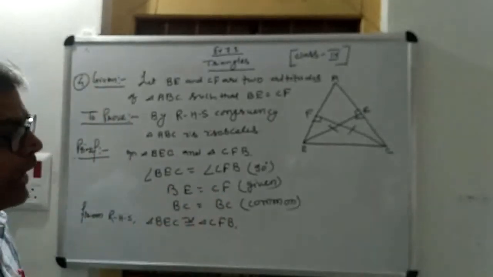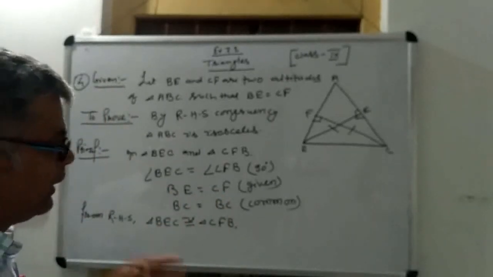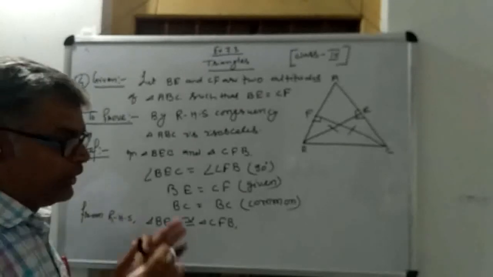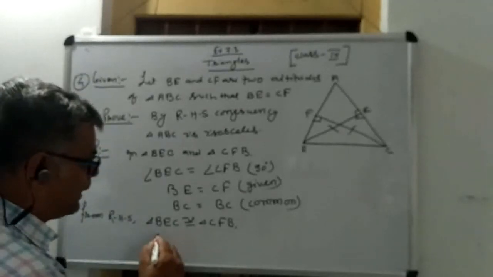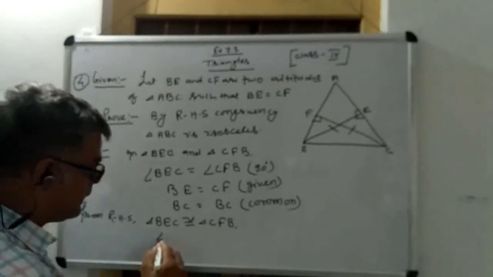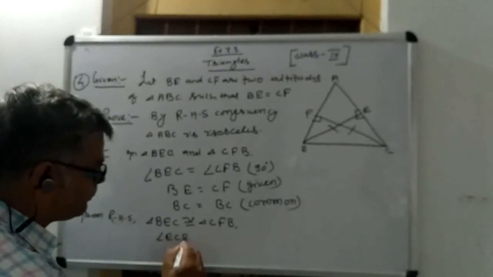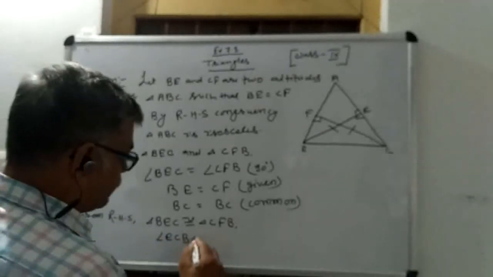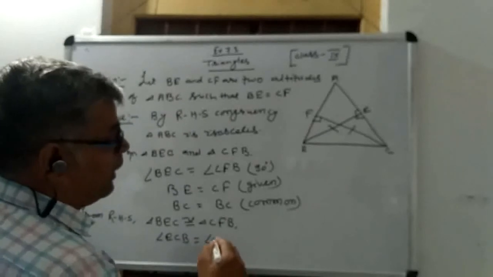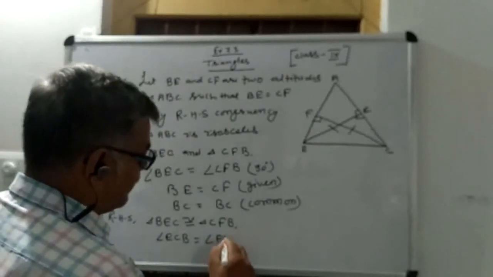And when these two triangles become congruent, then by the rule of CPCT, the corresponding parts of congruent triangles, you can write that angle ECB equals angle FBC.